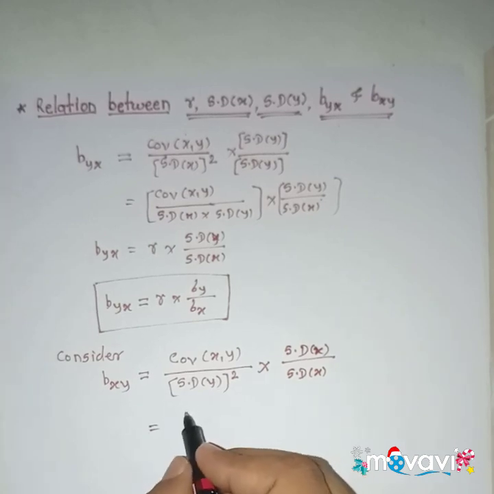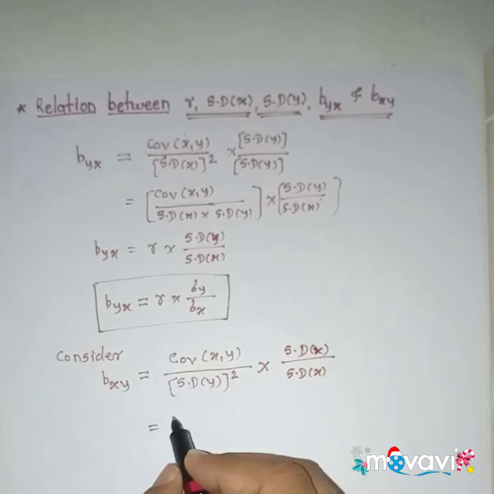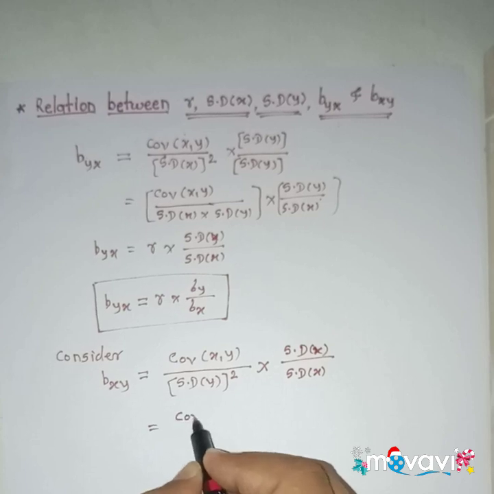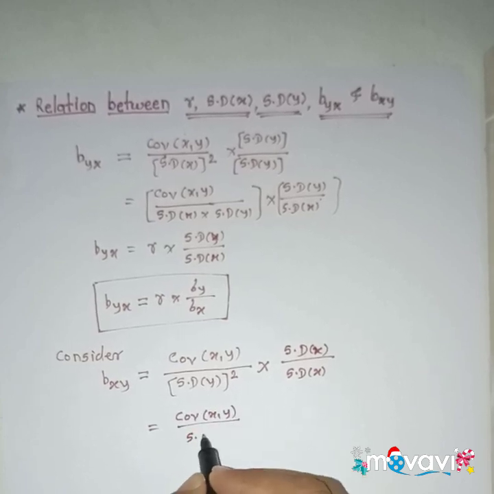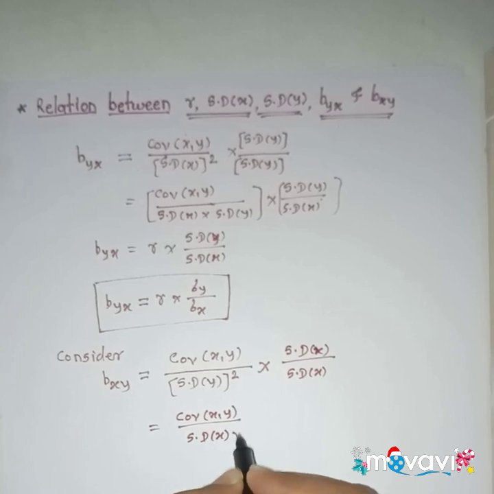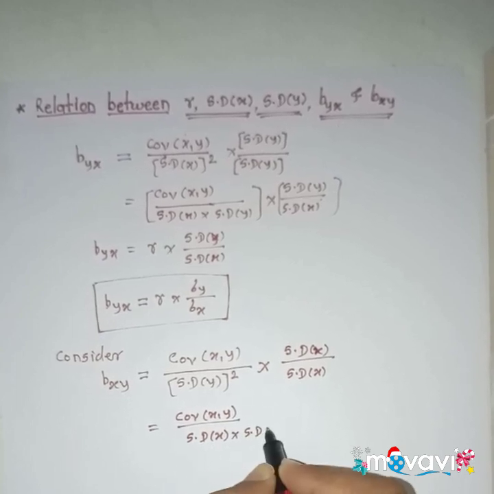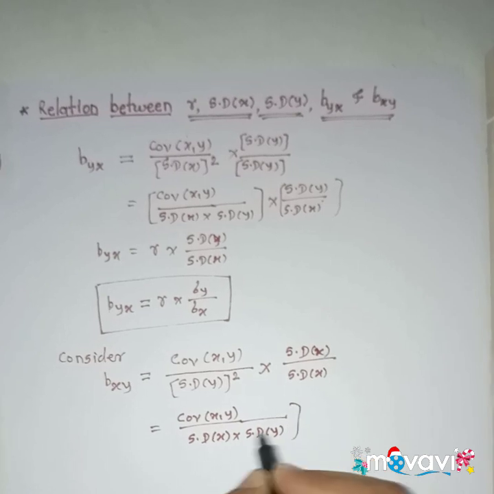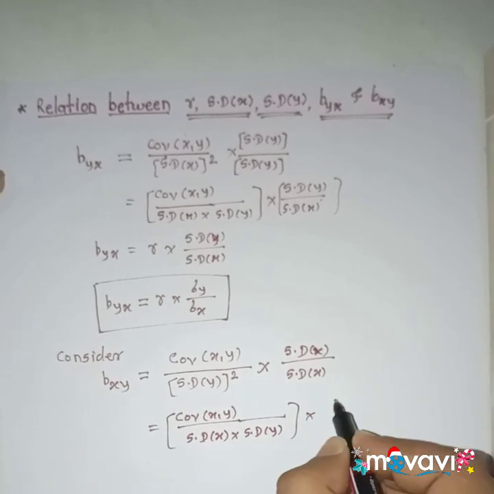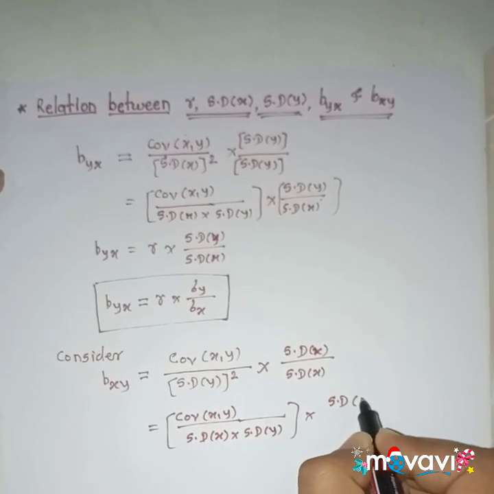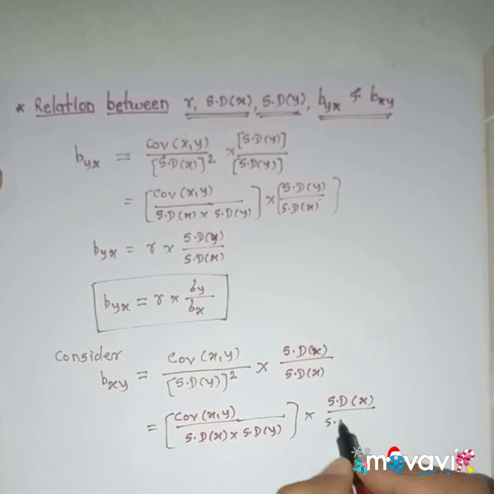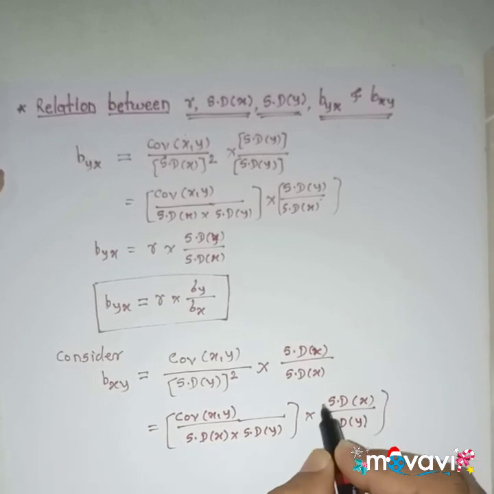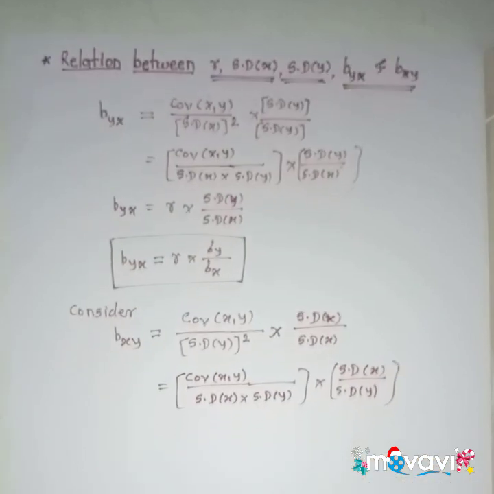Similar to the previous problem, we get covariance of xy upon standard deviation of x into standard deviation of y inside this bracket, and standard deviation of x upon standard deviation of y outside this bracket.